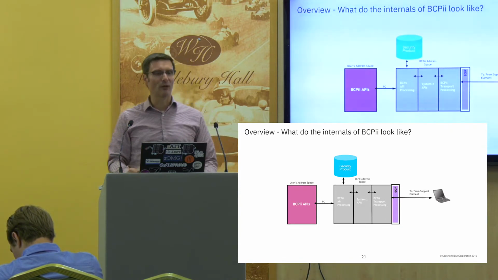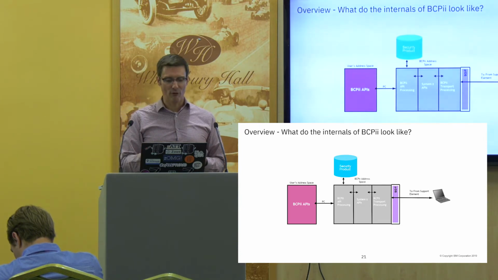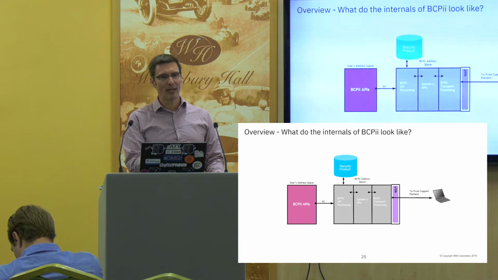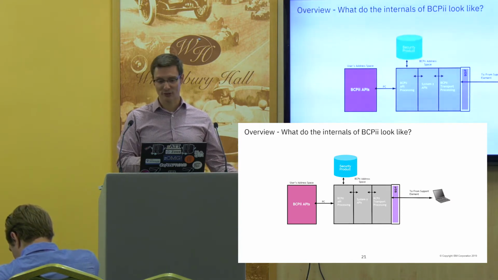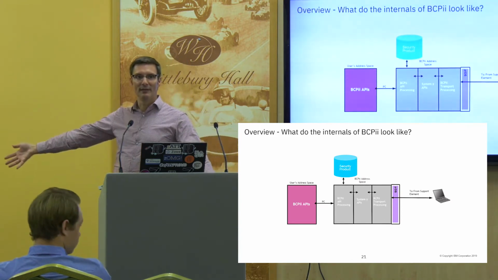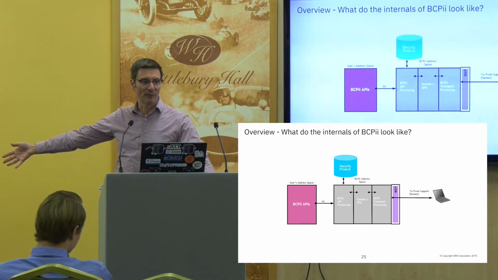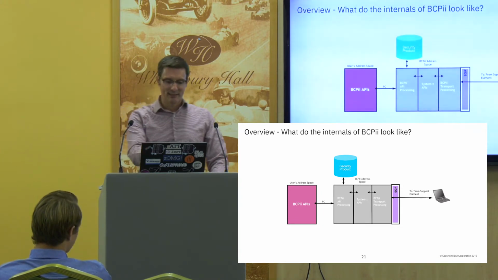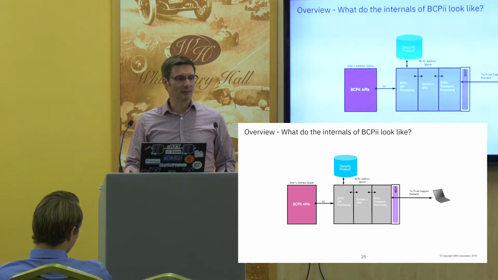Then what happens is we go and build the request, send it out over our transport processing, and issue a call to a component which issues the machine instruction. The request appears on the support element. The support element says, oh, this is what you want to do, you want to change this weight. Notice that the support element just blindly trusts BCPii.